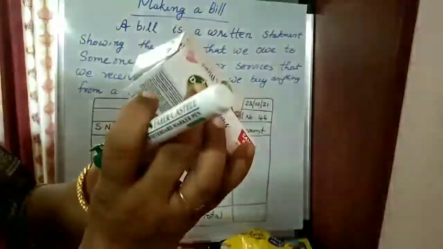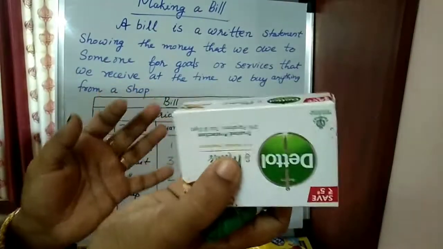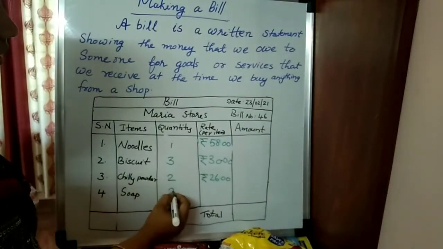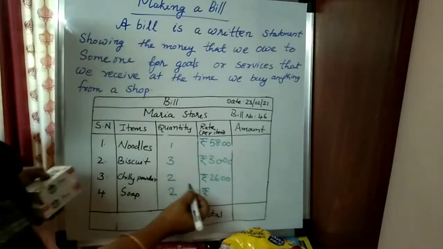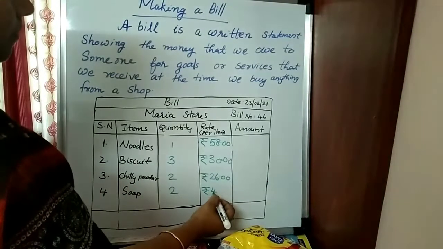That means the cost of each soap is 40 rupees. How many soaps? 2. So in quantity, here you write 2, then the cost of each soap is 40 rupees.